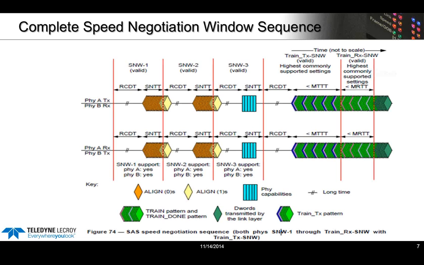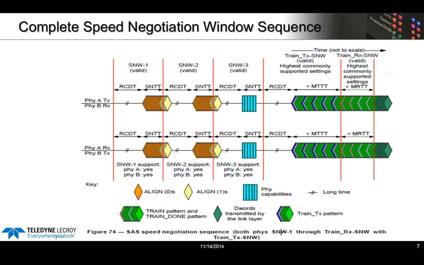In the first generation of SAS, SNW, speed negotiation window, we transmit align primitives at 1.5 G, and when our receiver says that we're happy with that, that we're getting good transmission, we move on and send the identify frames to have everyone introduce themselves and start regular communications.